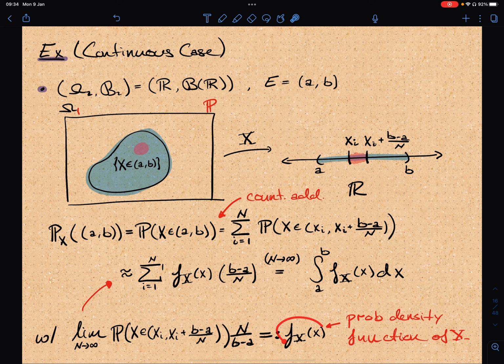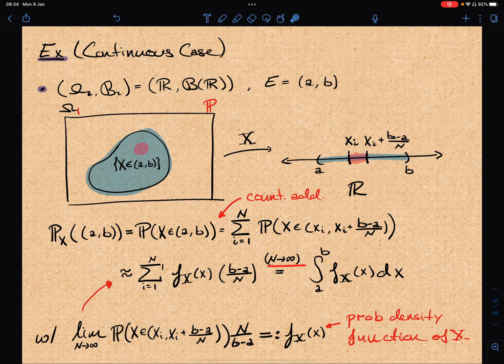So if you do f of x times b minus a, then we obtain this term. So in the limit for n large enough, this sum of probabilities of small intervals turns into this sum, and this is where you should see the Riemann sum.